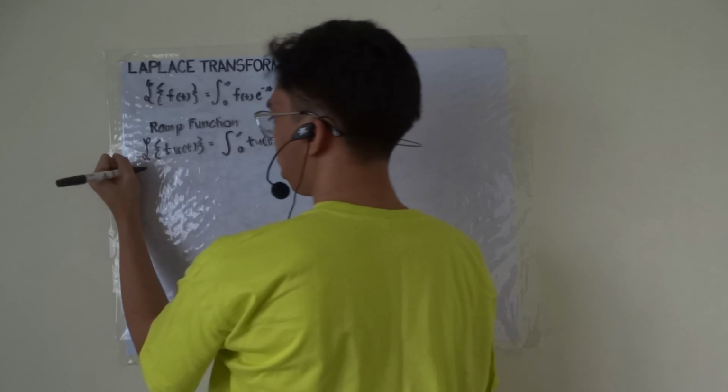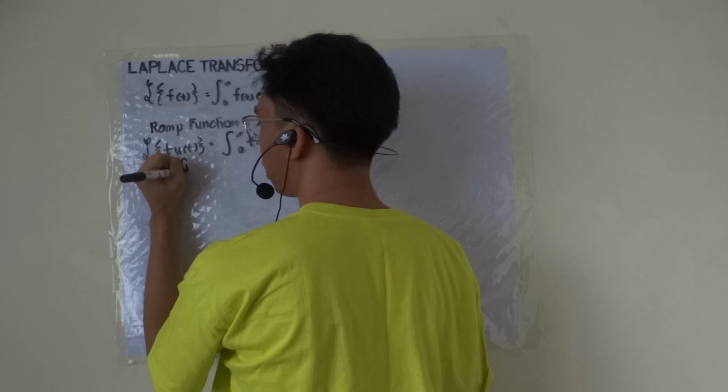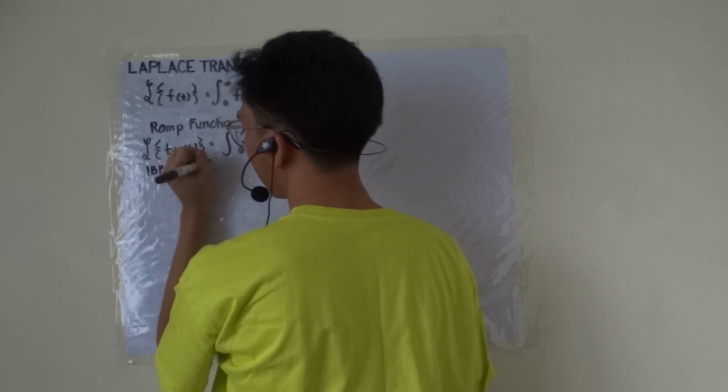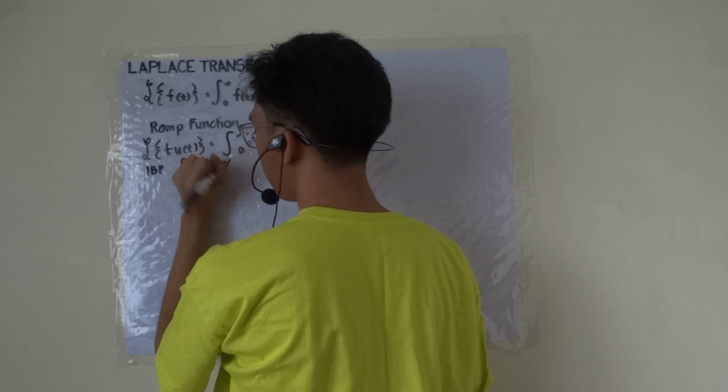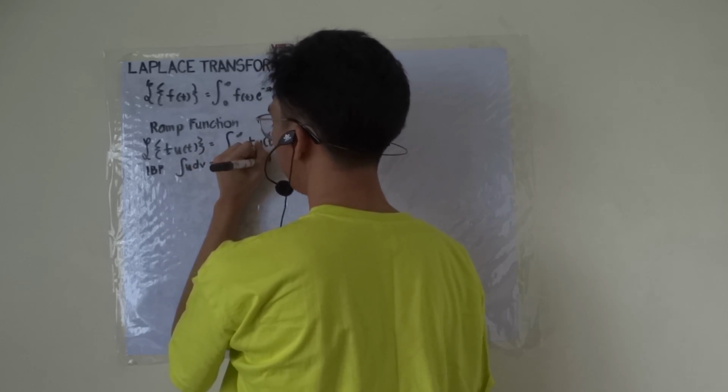Having the form of integration by parts, we have the integral of u dv is equal to uv minus the integral of v du.